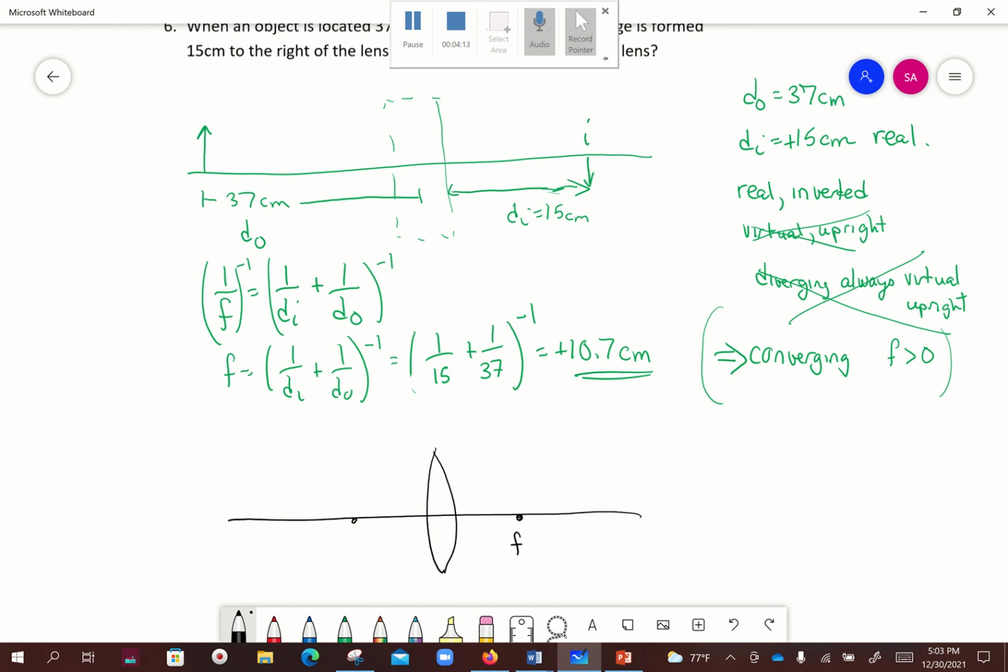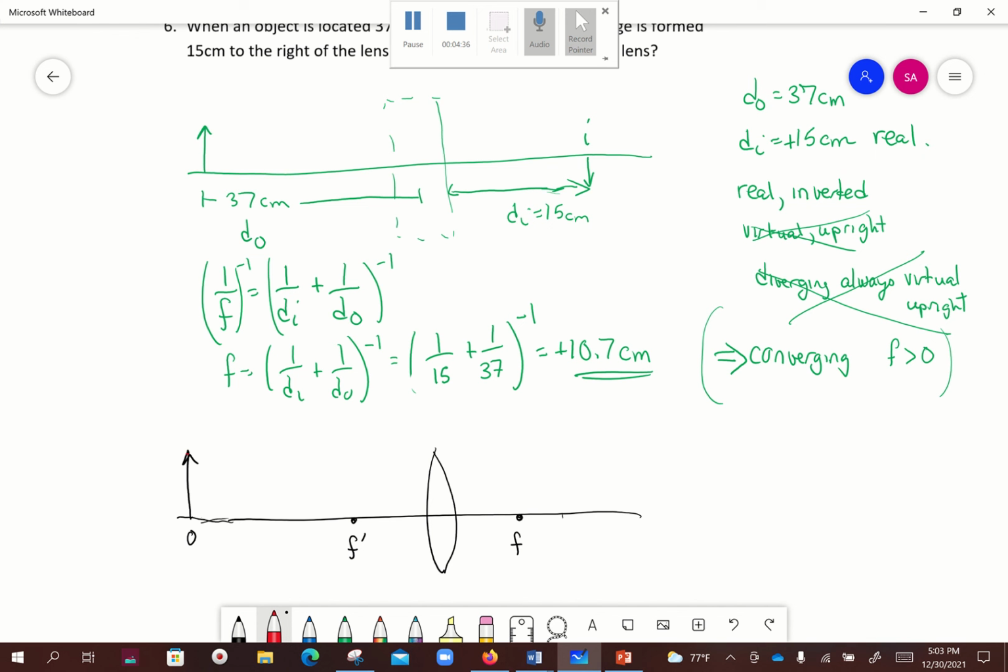So f is on this side, and f prime is on the other side. And my object is at 37 centimeters. So that's like, what, 3.5 times further away. So let me draw it roughly to scale. There's my object. And let's see, the image is 15 centimeters, so it should be 1.5. But let's just draw it and see what we get.